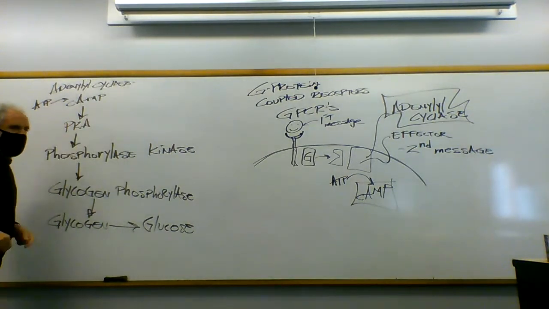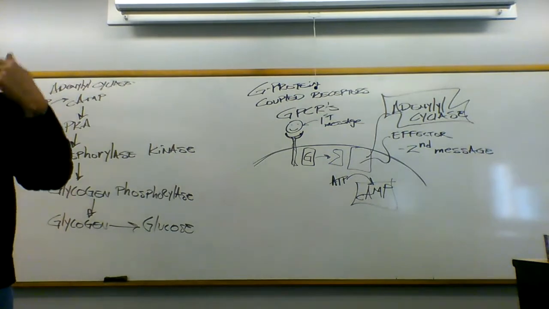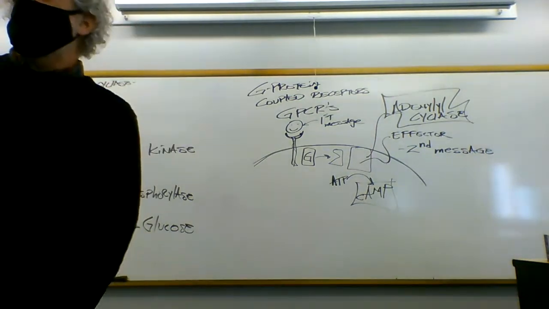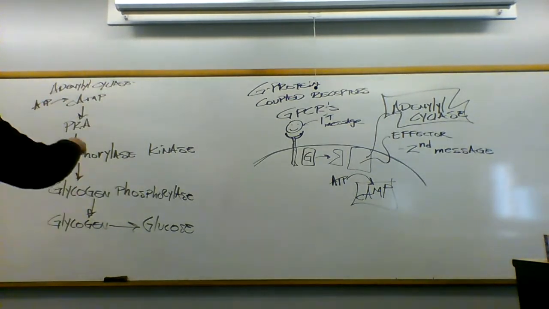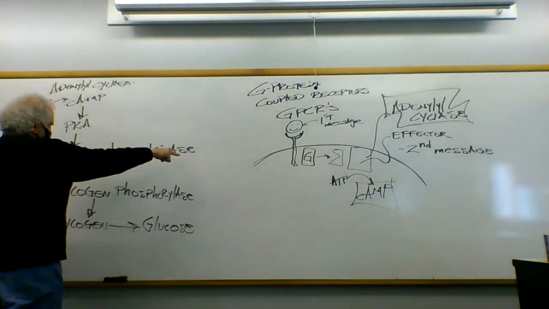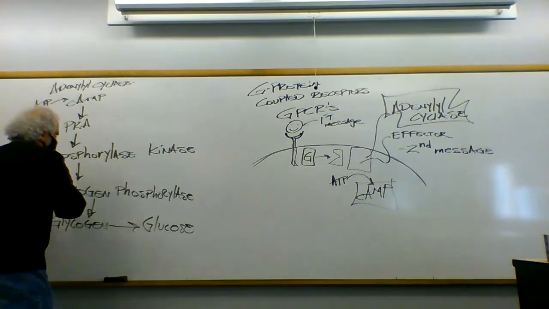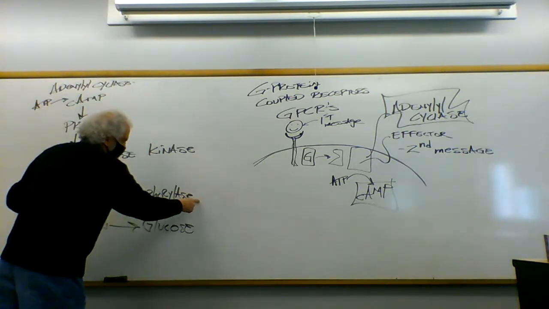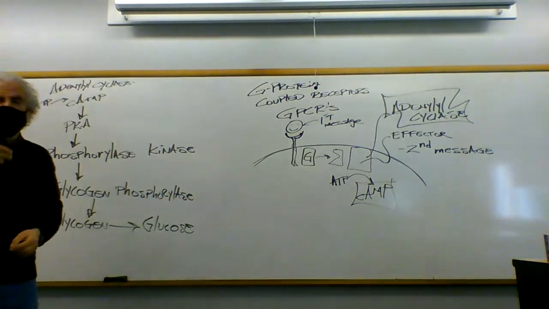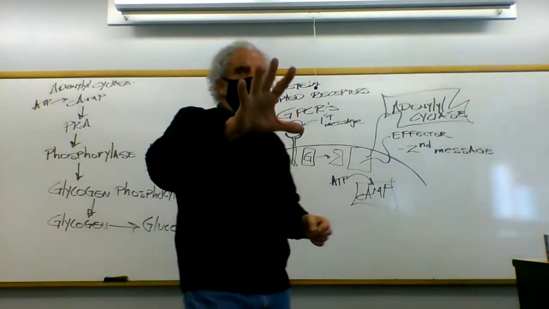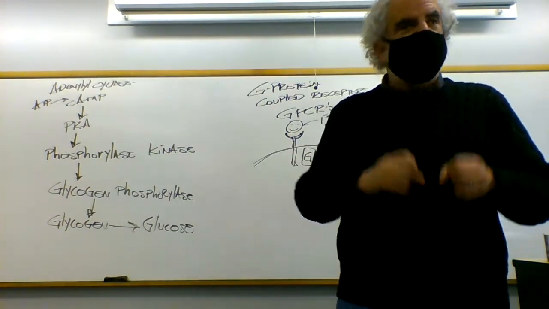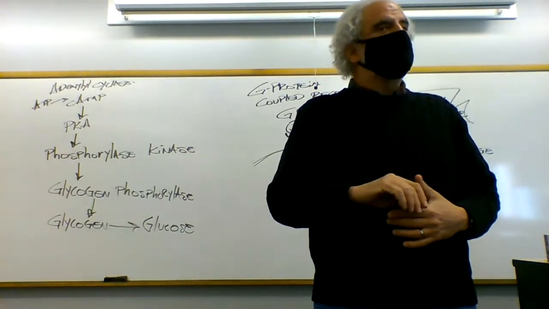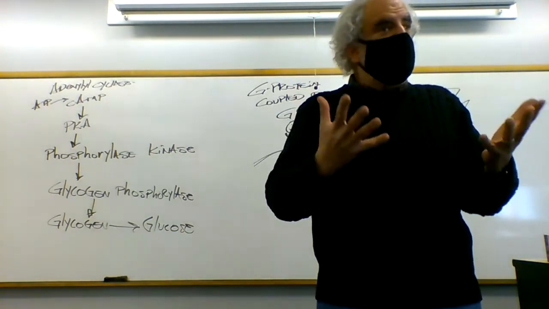Each one of these PKAs can phosphorylate its substrate 20 times per second. And so we now have 20 to the 20th phosphorylase kinases being phosphorylated. Each one of those begins phosphorylating glycogen phosphorylase, and then within seconds we've got a whole ton of enzymes that are ready to break down glycogen into glucose, and whoosh, you get this massive glucose flush, literally in 10 to 15 seconds.